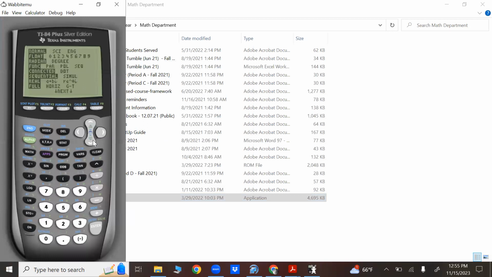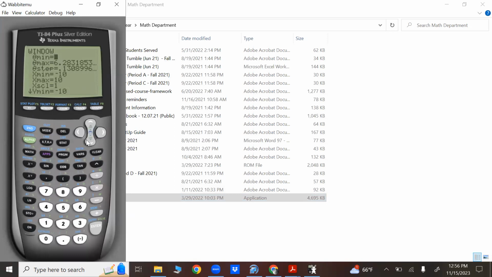All right, guys. Switch your mode to polar. Keep radians, of course. So let's do the first one: cos 2 theta, from 0 to 2 pi.